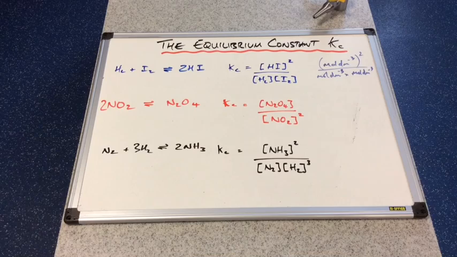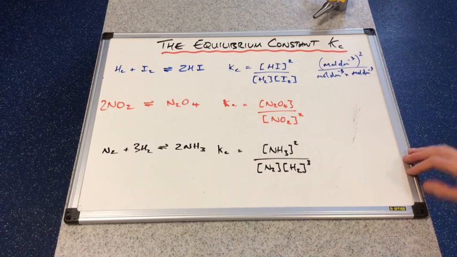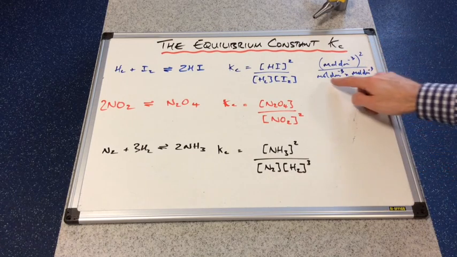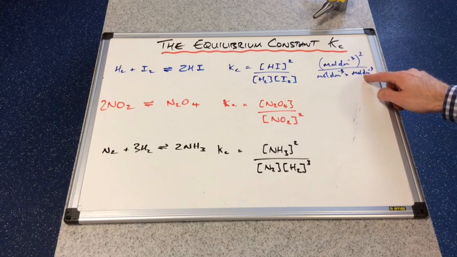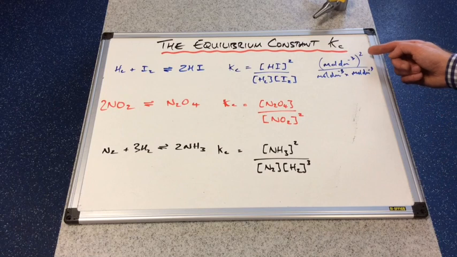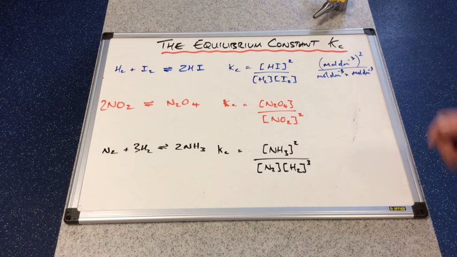If we look at the units now, all you do is you take the units of concentration and whatever's happening to the square brackets in the Kc expression, you do that to the units. So we've got moles per decimeter cubed squared divided by moles per decimeter cubed times moles per decimeter cubed, which is effectively moles per decimeter cubed squared, and so these units will cancel out those units, and Kc for the blue equilibrium actually has no units.